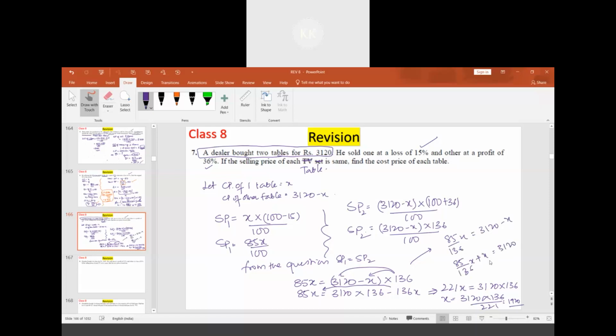By taking LCM, this becomes plus 136. If you cross multiply, we get the same equation here. When we simplify, we get 1920. So the cost price of each of the table is 1920.